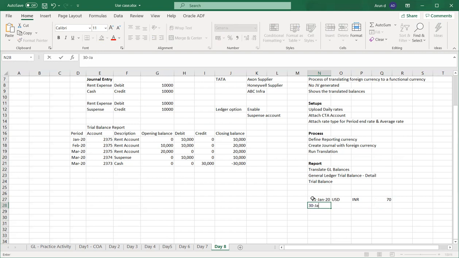In the meantime, the rate has changed to 72. Now I'm on 30th of January and I'm trying to run the translation.